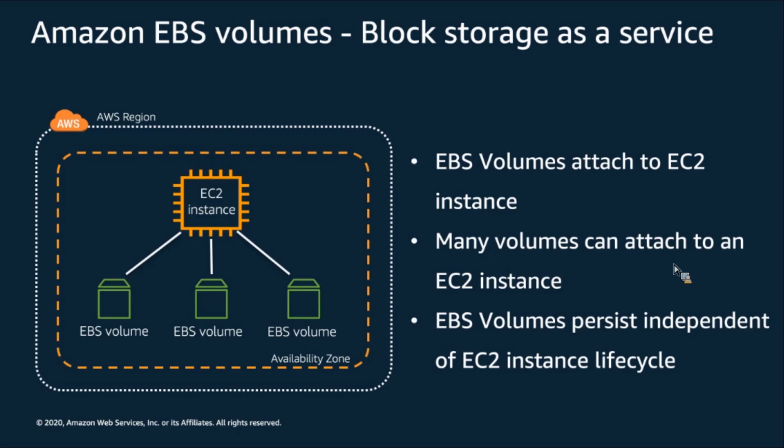As I discussed before, the EC2 instance store lifecycle is synchronous with the lifecycle of the EC2 instance. When you start and stop, instance store data does not persist. Whereas EBS volume, even if you move from one instance to another instance, you can attach and detach, and it's independent of the EC2 instance lifecycle.